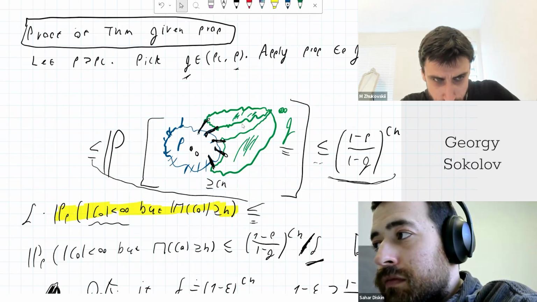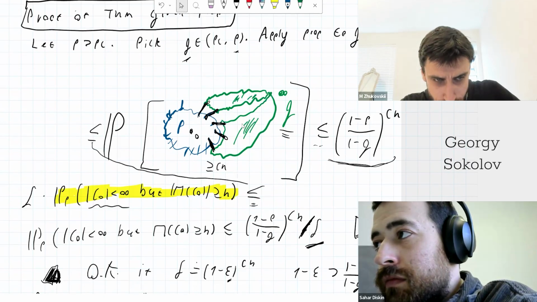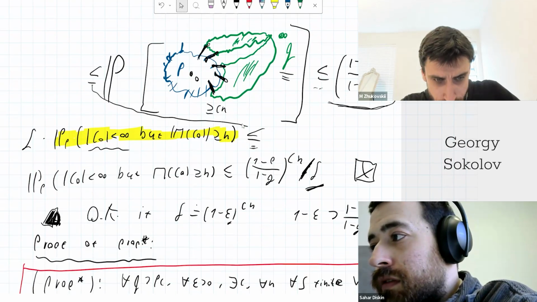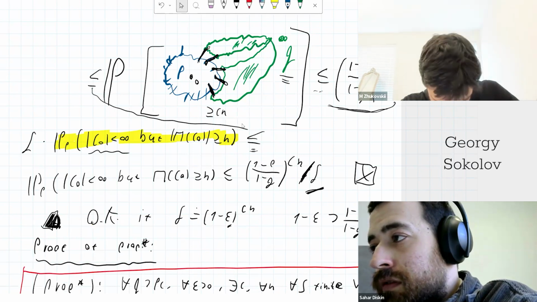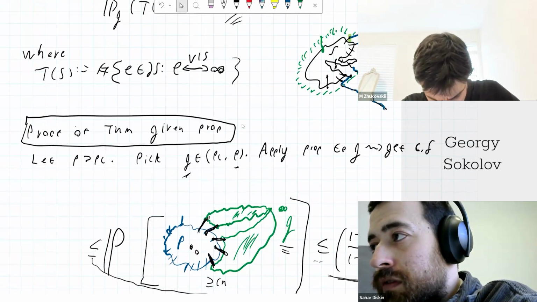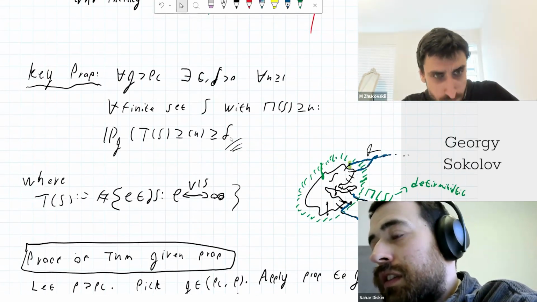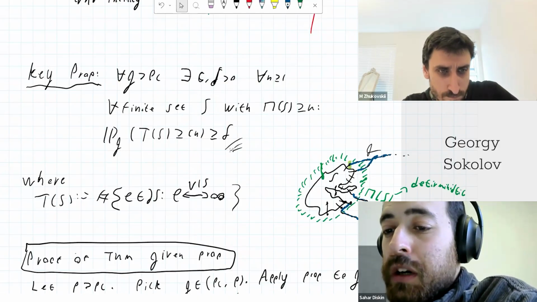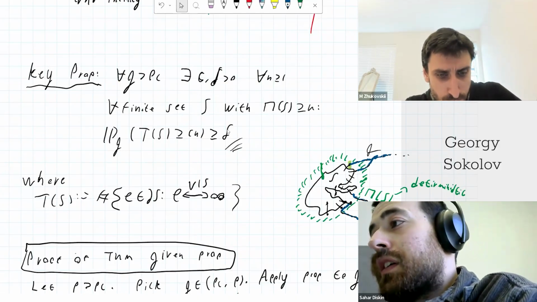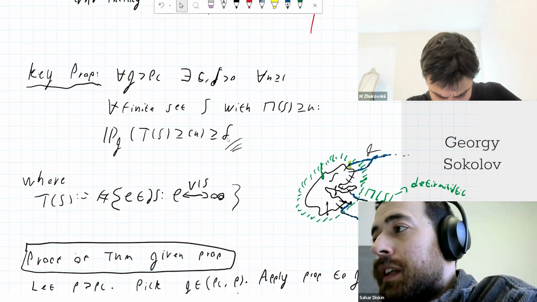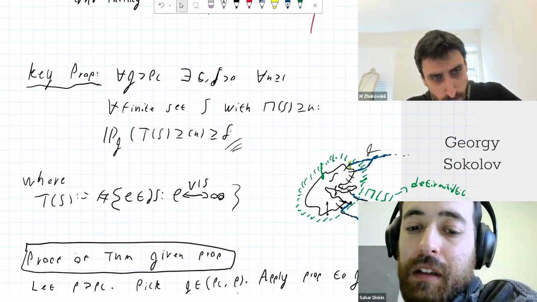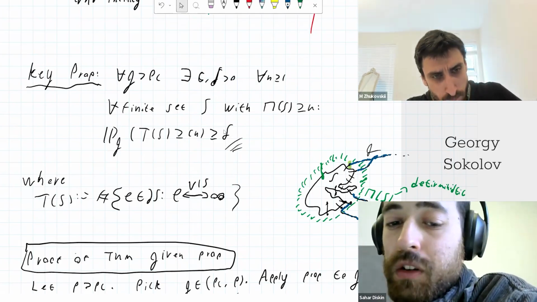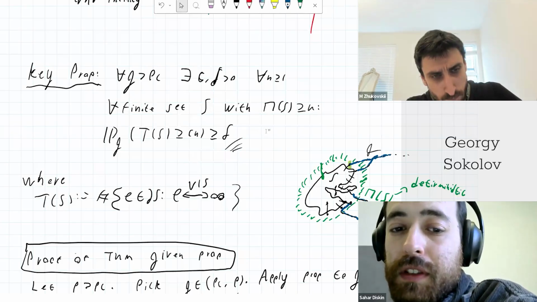So what about the original proposition? Do you know whether it holds with constant delta? Yeah, the moment you have supercritical sharpness, which is what we proved, you automatically get this. You can use some expectation type arguments, and this proposition itself is true.